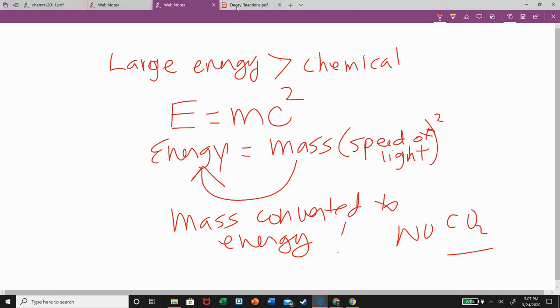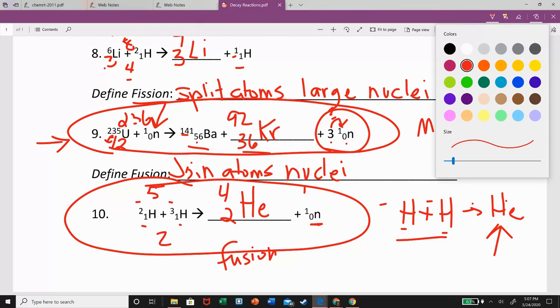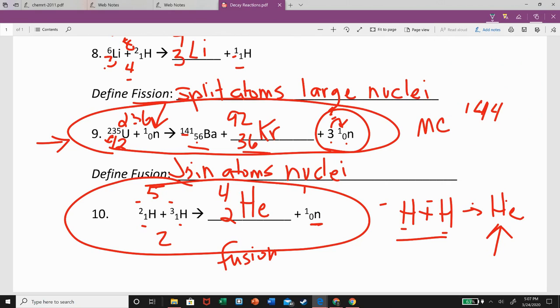Okay, so if I go back to my nuclear equations, I just want to say just a little bit, because you can't talk about nuclear chemistry without talking about nuclear bombs and nuclear power. So then in World War II, we had two different nuclear bombs. We had Fat Man and Little Boy. One was a completely fission reaction, which took uranium and split uranium.